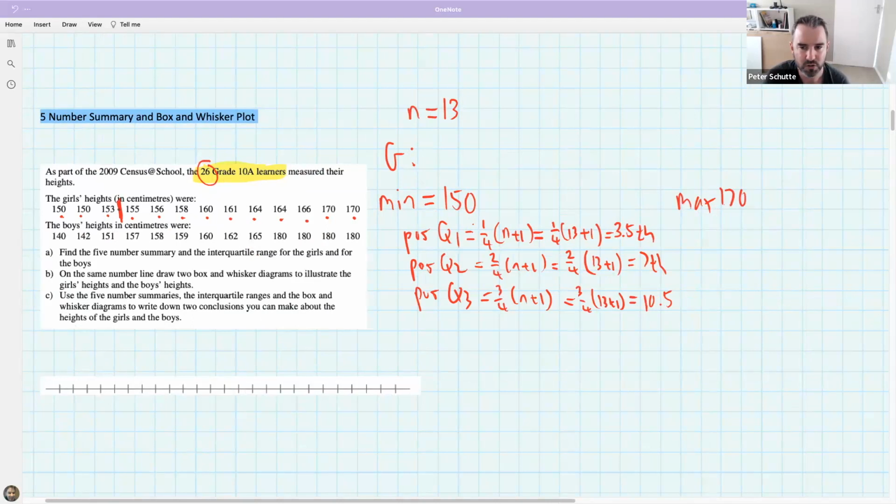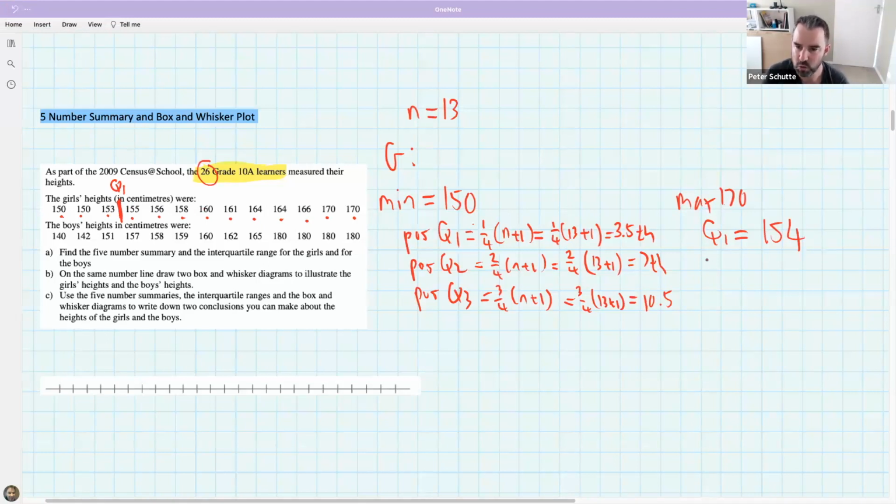You'll notice that it's between 153 and 155. So what's the average value between 153 and 155? Okay, it's going to be 154. So Q1 for girls is going to be 154, and it's sitting there.